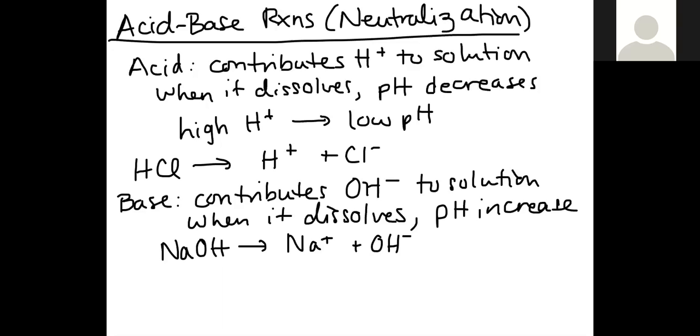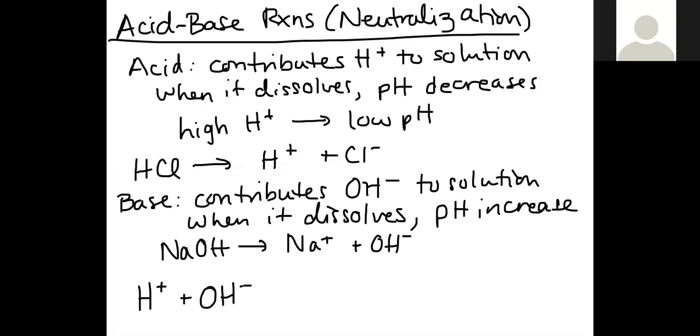Now you might be wondering, if pH is the measure of H plus, why does putting OH into solution change the pH? It's because when you have H plus in the solution and you add OH minus, what do those two make together?